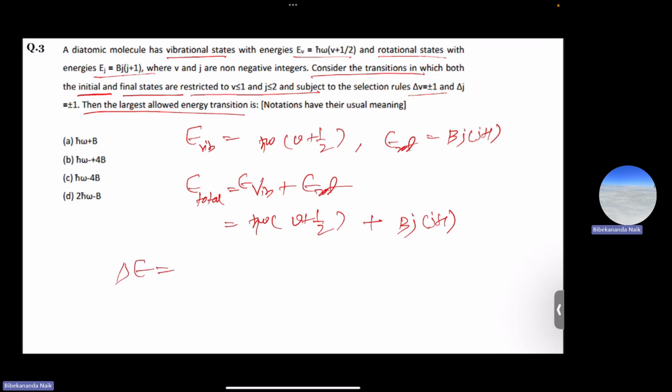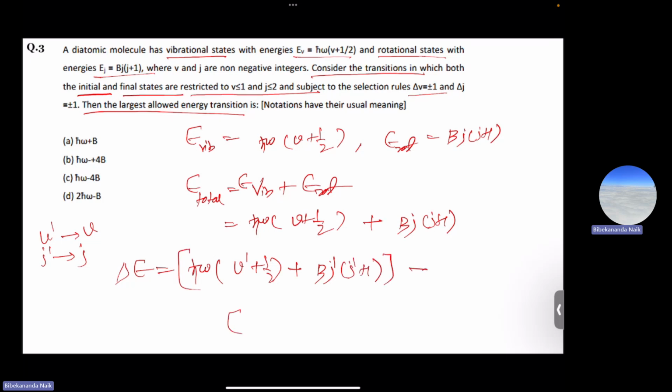So what will be ΔE? For ΔE the transition occurs from v' to v, j' to j. So the expression for ΔE will be ħω(v' + 1/2) + B j'(j' + 1) minus ħω(v + 1/2) + B j(j + 1).